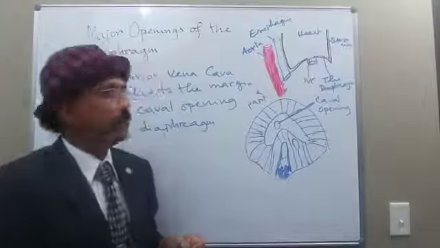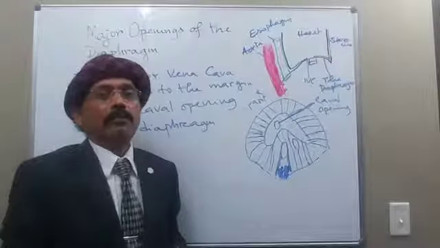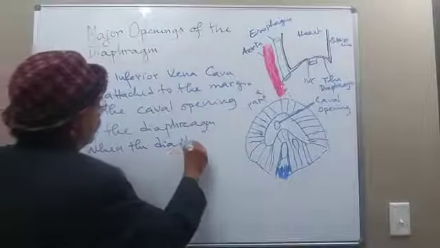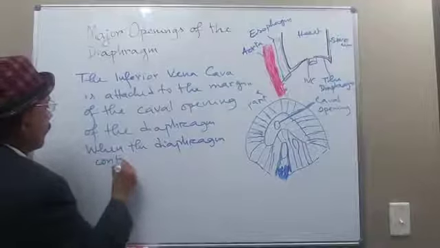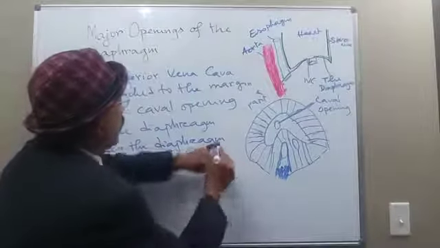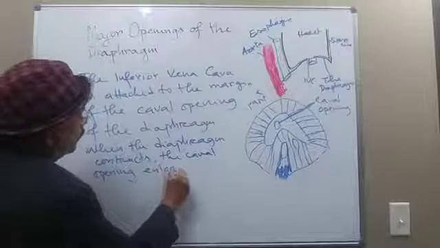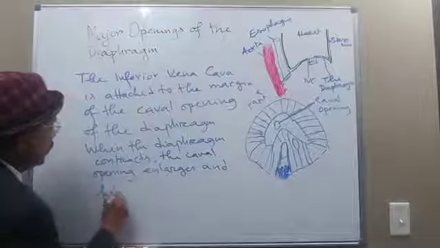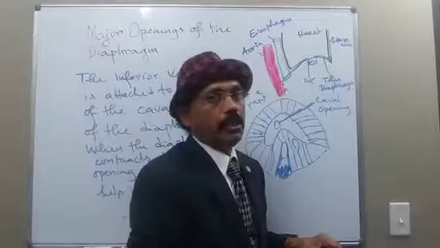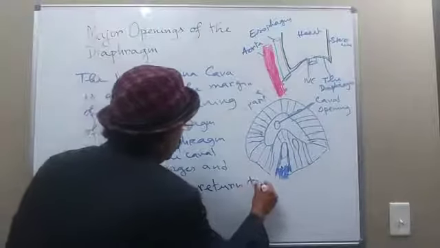When the diaphragm contracts, this opening increases in size and helps in venous return to the heart, because the vena cava blood is going to the right atrium of the heart.